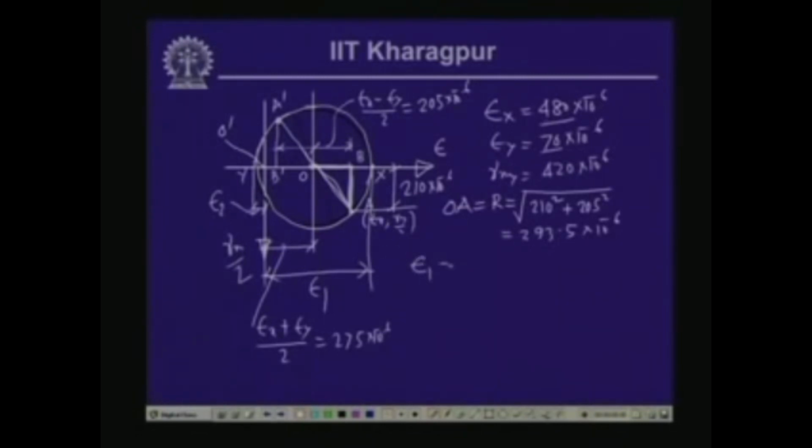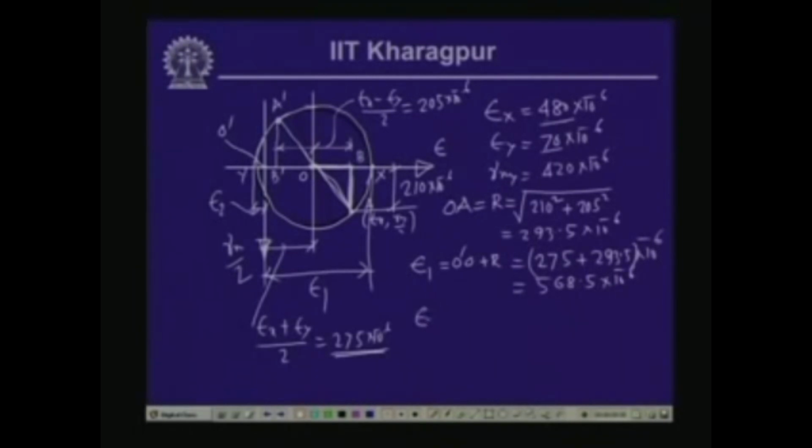Epsilon 1 is equal to O dash O plus the radius R, and O dash O, which is epsilon x plus epsilon y by 2, is 275. So, 275 plus 293.5 into 10 to the power minus 6 is the strain, and this gives us a value of 568.5 into 10 to the power minus 6.